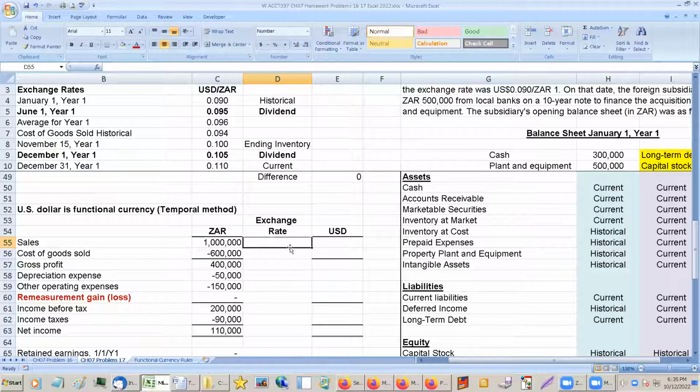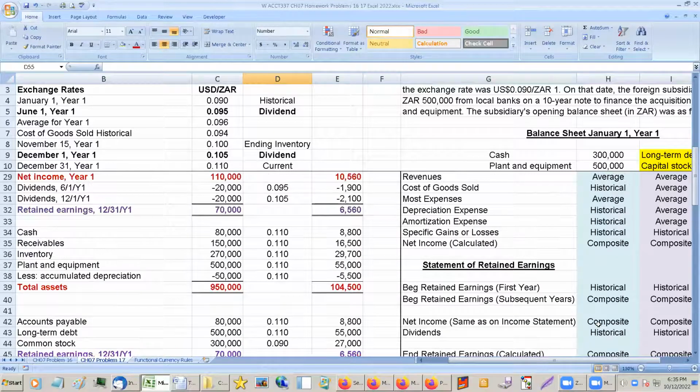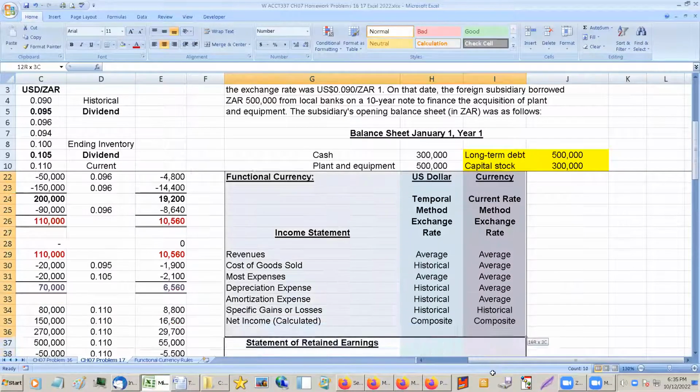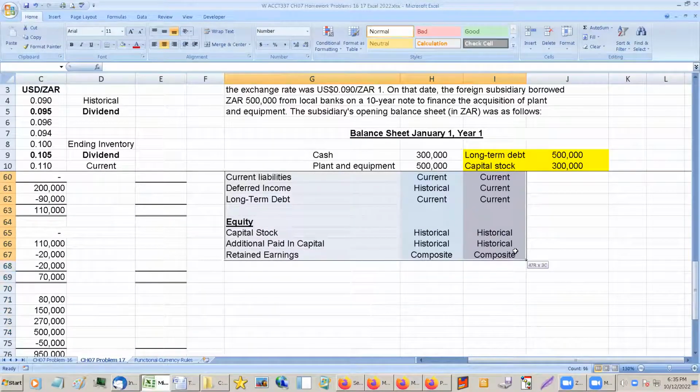So sales. I apologize, but I'm going to move it down just so I have it on my screen.